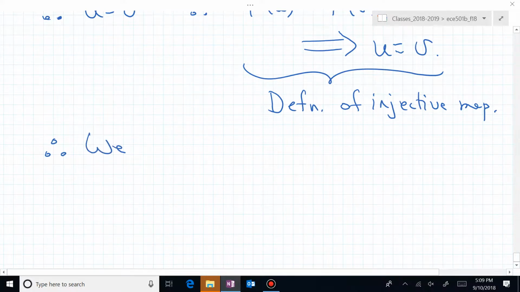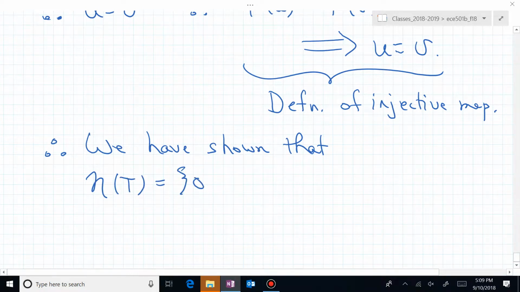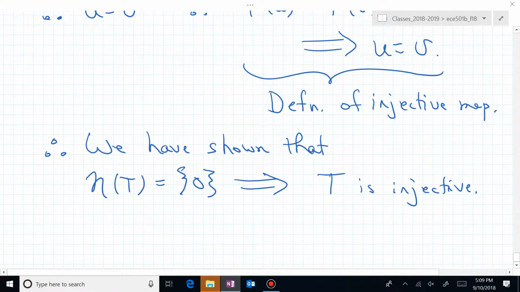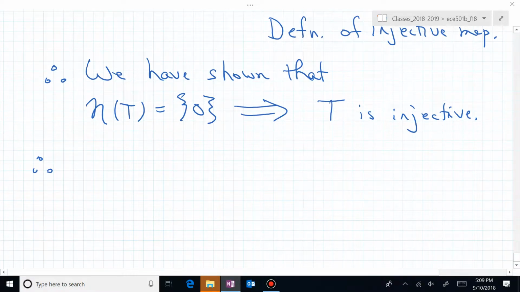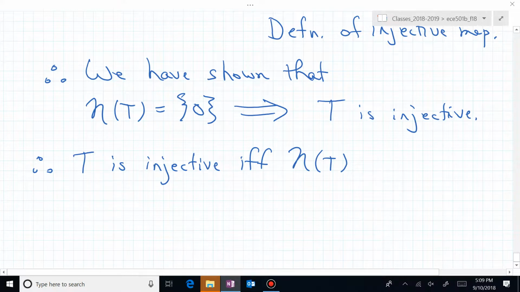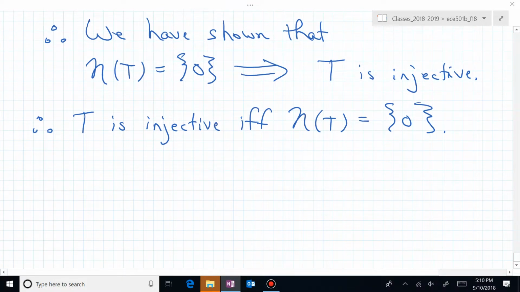So now we have shown that if we start with the null space of T being the 0 vector, then that linear map will be injective. And we've now proved both ways. So therefore, T is an injective map if and only if the null space of T is the 0 vector.